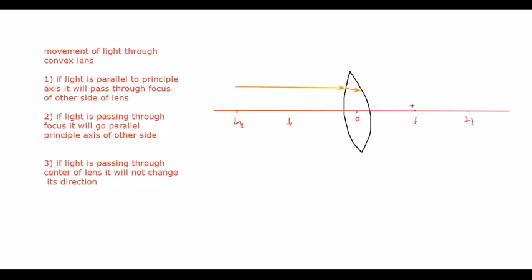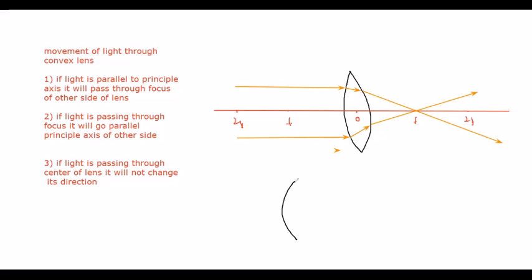But whichever point it passes through, it will always pass through the focus. So any light which is parallel to the principal axis will always pass through the focus.